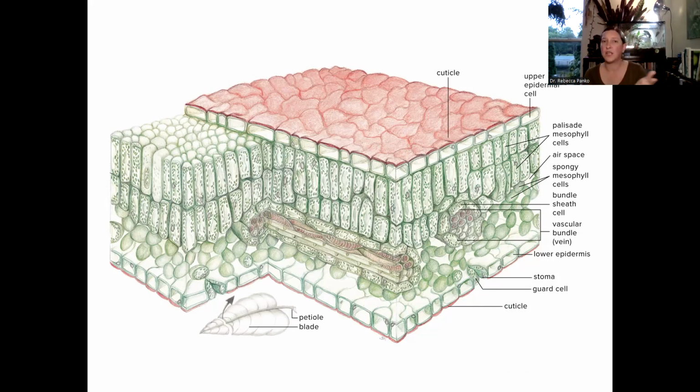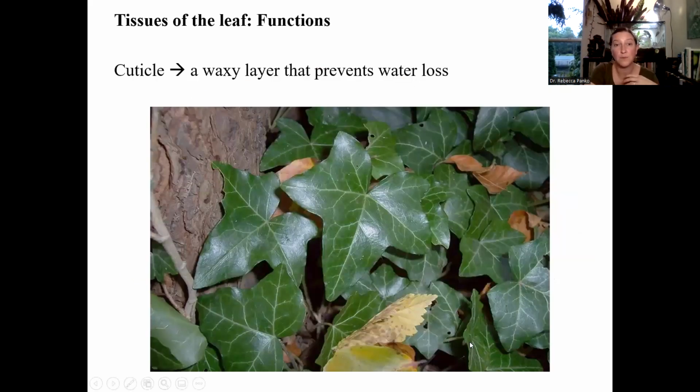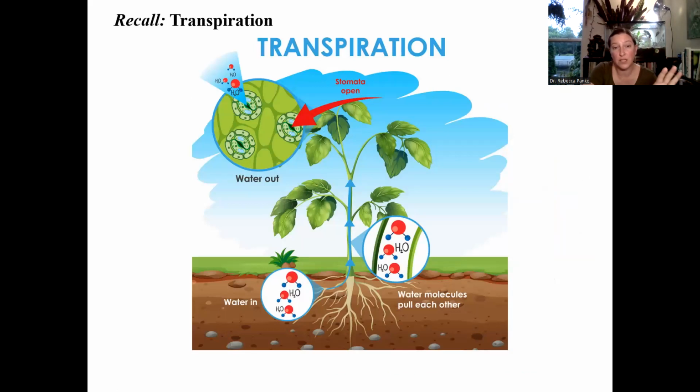That makes sense. For example, if you wanted to talk about, in humans, urination or something, that involves the kidneys. The kidneys are going to be where processes are occurring for that to occur, right? So if photosynthesis and transpiration are occurring in the leaf, the tissues of the leaf have to be doing that, right? So start with transpiration.